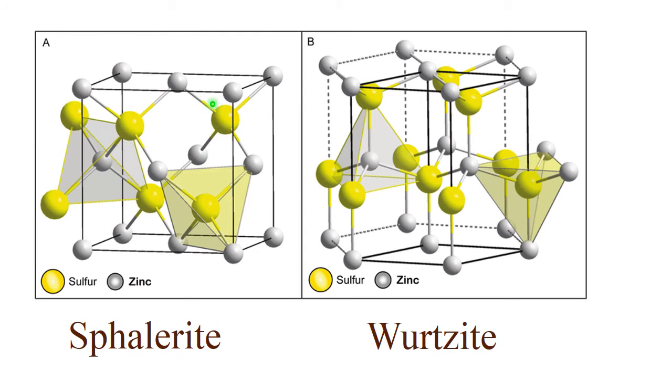This structure is exactly like diamond if you put carbons on top of each of these atoms. If you take only one of these, it will resemble graphite.